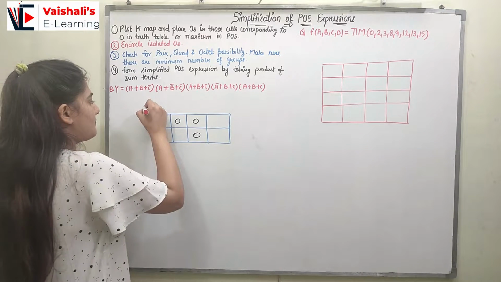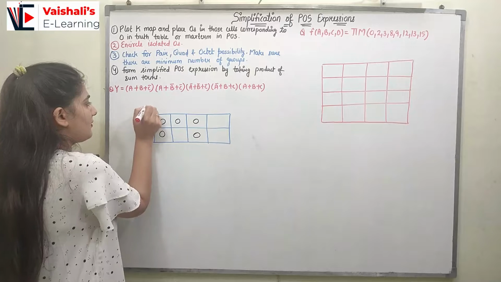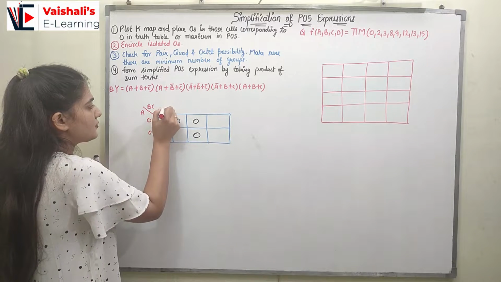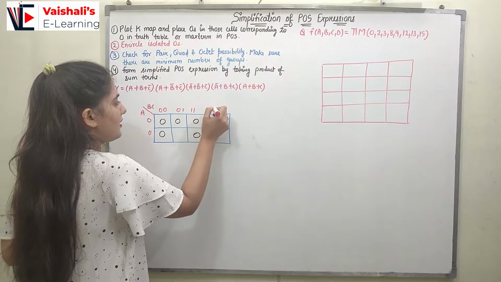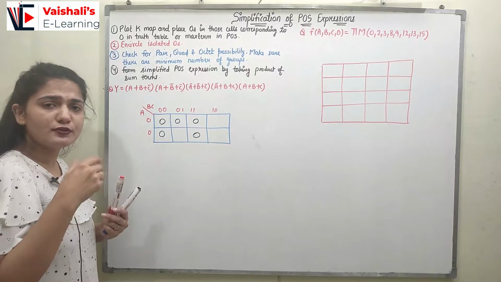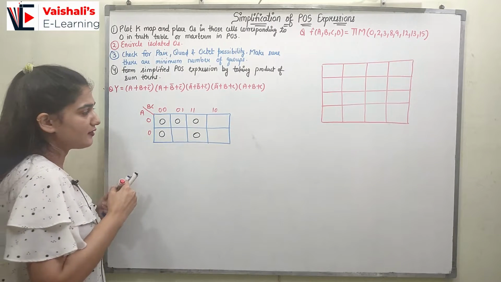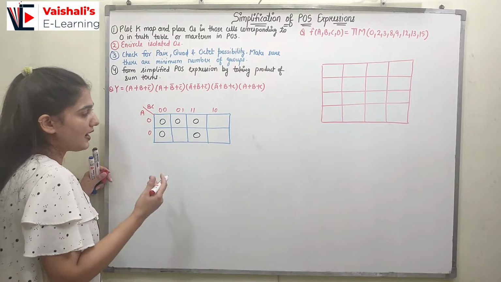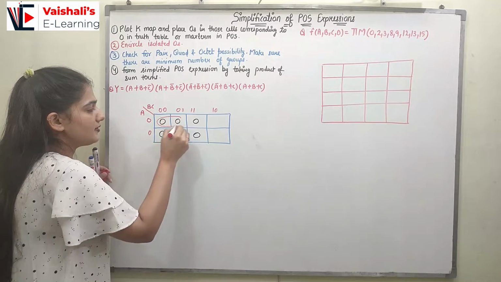Now here I can make the notations over here. So here A is 0, 1 and BC is 00, 01, 11, 10. Right, now I have to check for isolated zeros. There are no isolated zeros, so I will be checking for the pairs. First of all I have no quad, and no octet.